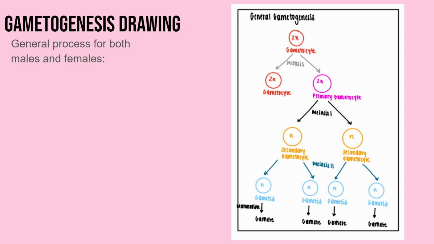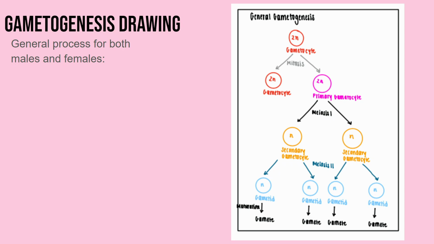You start with a gametocyte, which has 2N, or like it's not haploid, it's diploid, so 46 chromosomes. Goes through mitosis into another gametocyte and a primary gametocyte. Primary gametocyte goes through meiosis 1.